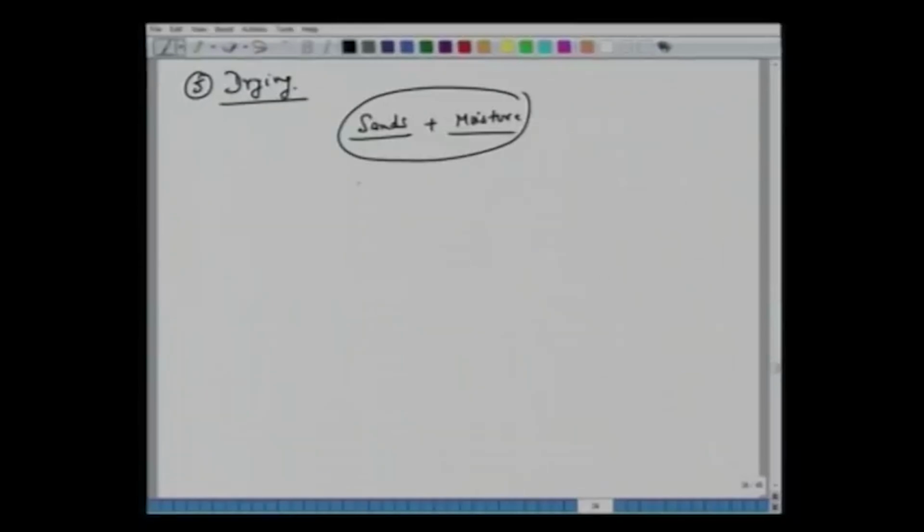So now we are talking of solid phase sand, okay, which we want to treat. In other words, we want to apply certain unit operation so that this moisture, let's say it contains a very large amount of moisture, let's say 10%. Okay, now we want to apply this unit operation, drying.